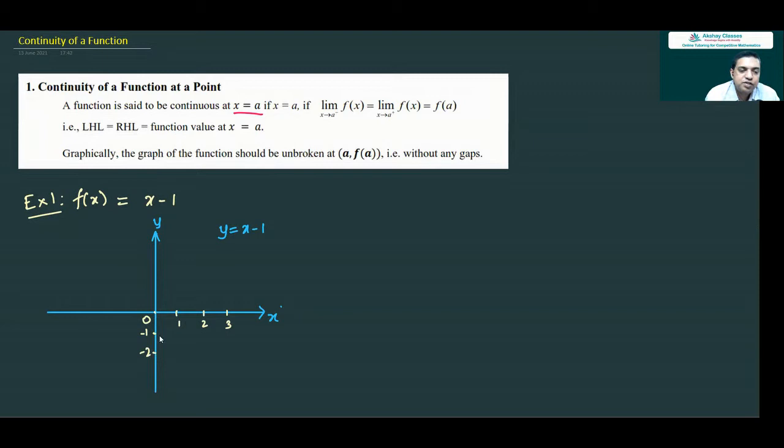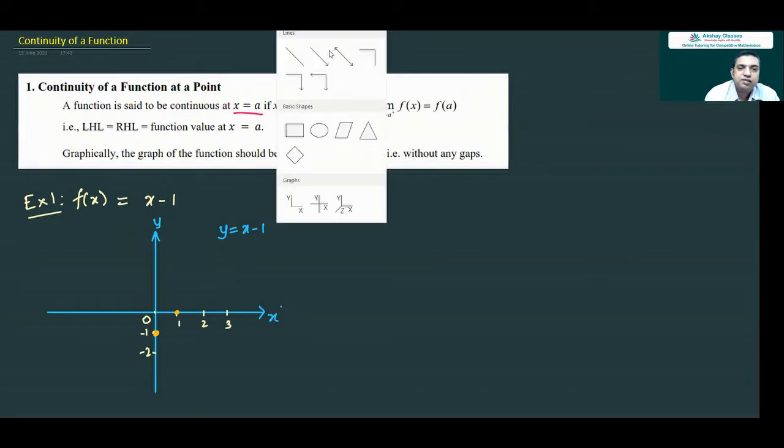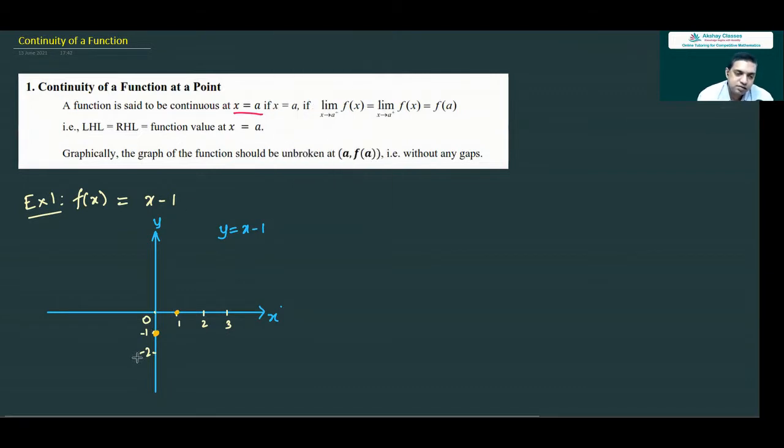When x is equal to 0, y is equal to minus 1. So this is the point. And when x is equal to 1, y is equal to 0. So these 2 points we need to connect. So this will be a straight line like this.